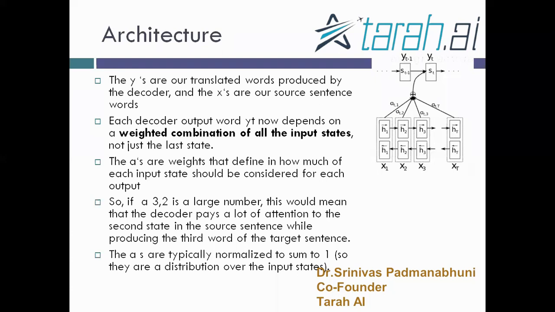We are also having another intermediate function called alpha t1, alpha t2, etc., which is basically a weighted function which says what is the relative attention I should give for generating yt at st to each of the input x1, x2 to x capital T.